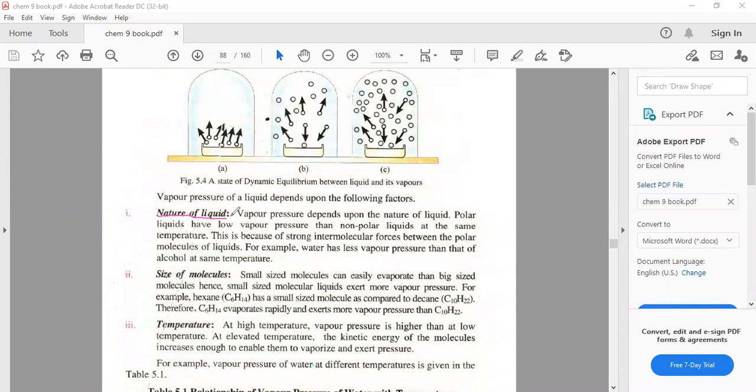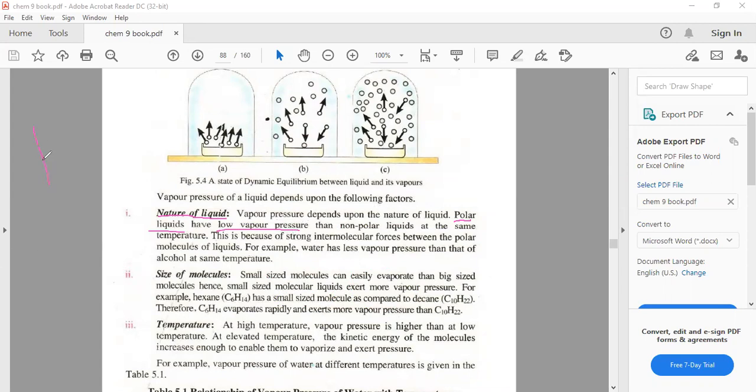If the liquid is polar in nature, polar means having poles, having opposite charges, having positive and negative poles, then the vapor pressure of that liquid is very low, because the opposite poles have a very strong interaction, very strong intermolecular forces.